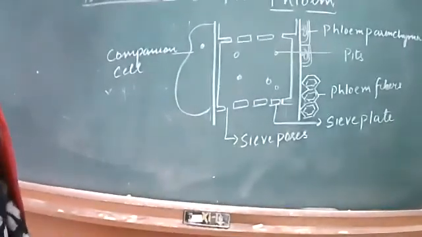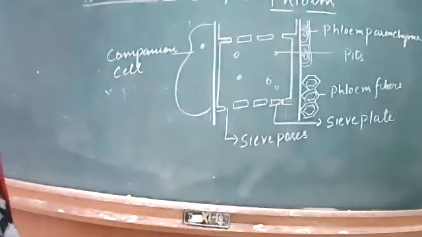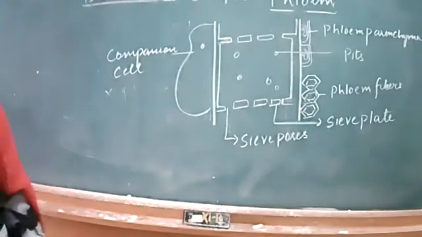So it consists of these parts. And it helps in the conduction of the food, which is bidirectional, on both sides, and it is present in the vascular tissue which is found in stem, root and leaf.